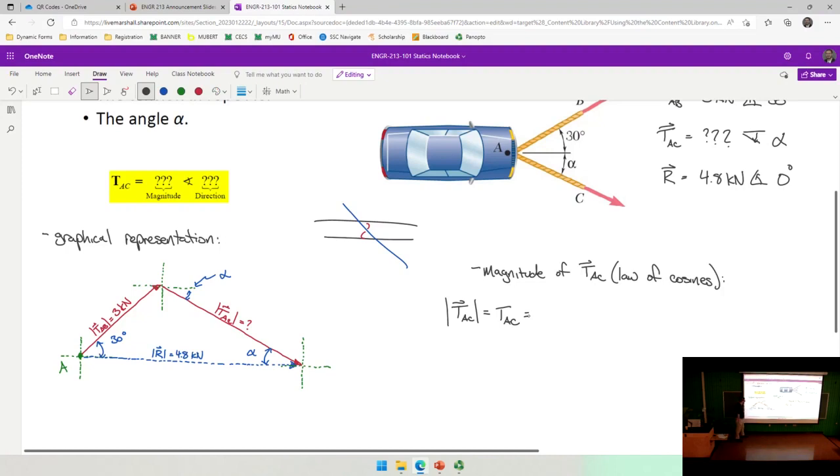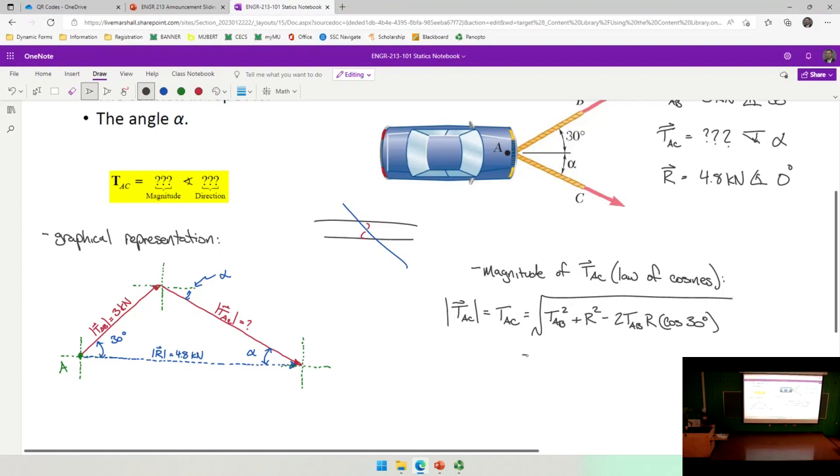What does the law of cosines say? It's that squared plus that squared minus 2 times this times the cosine of that. Is that right? As a big formula, that would be TAC squared equals TAB squared plus R squared minus 2 TAB R cosine 30 degrees. I think that's right, isn't it?